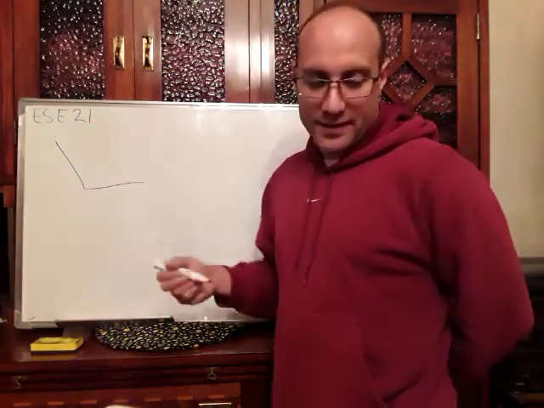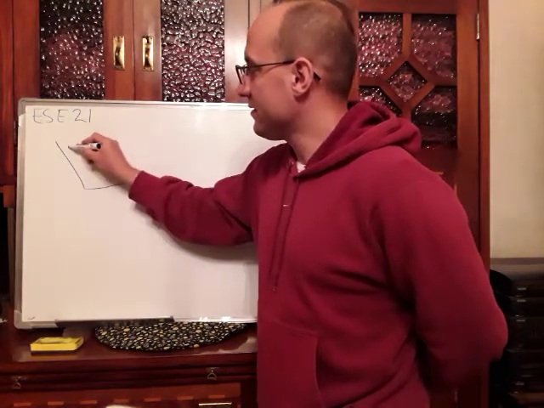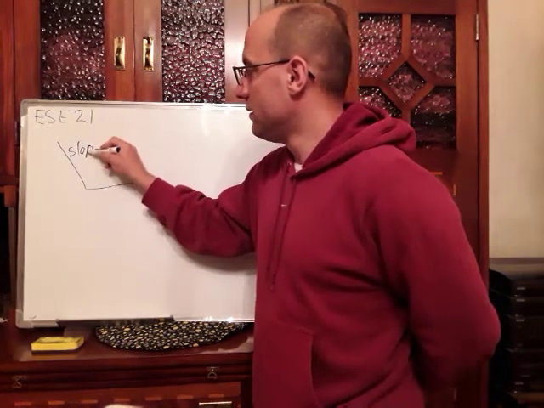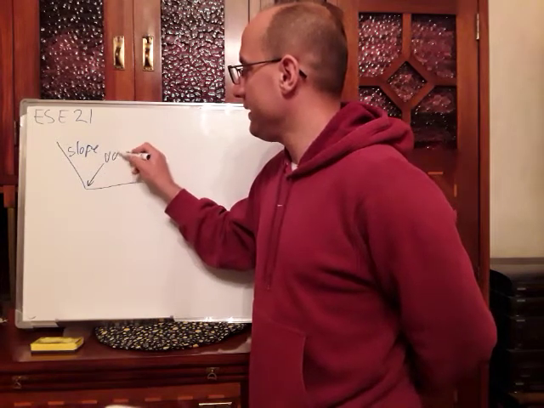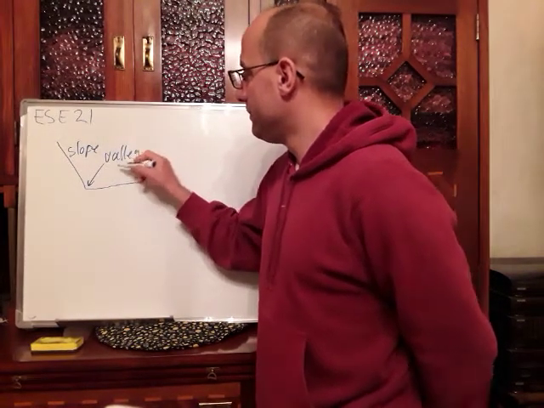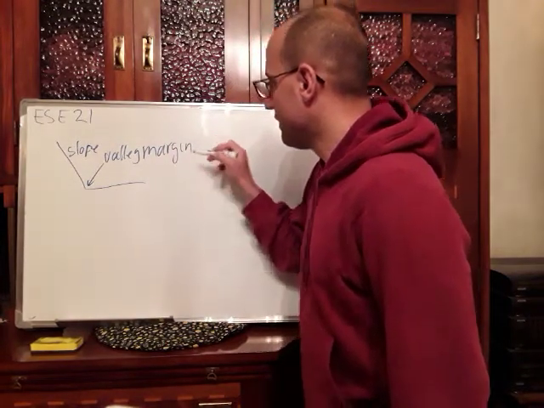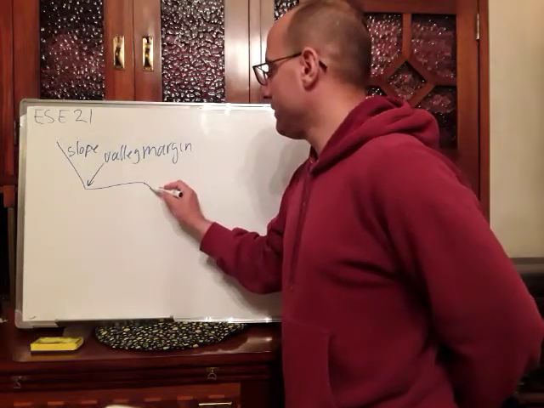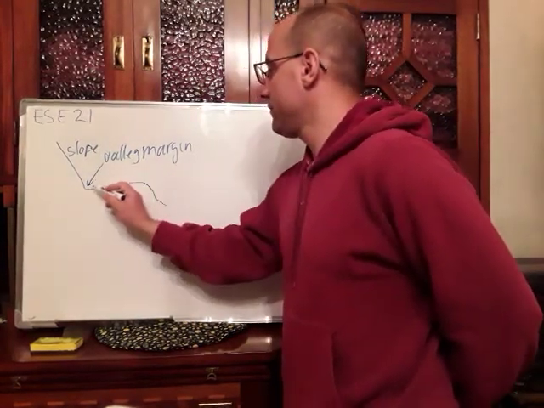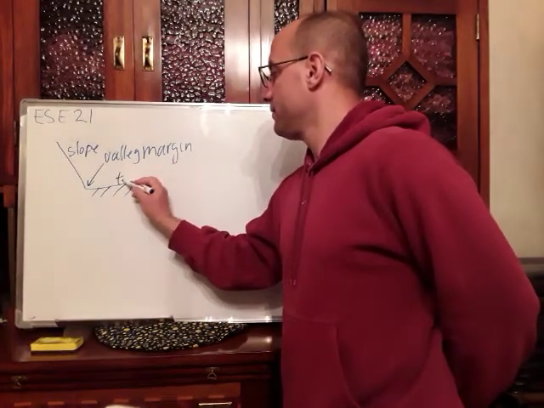So there will be a kind of valley margin. There's a slope, and there's over here a valley margin. Then what we can find is usually a kind of terrace. So this flat area over here is a terrace.